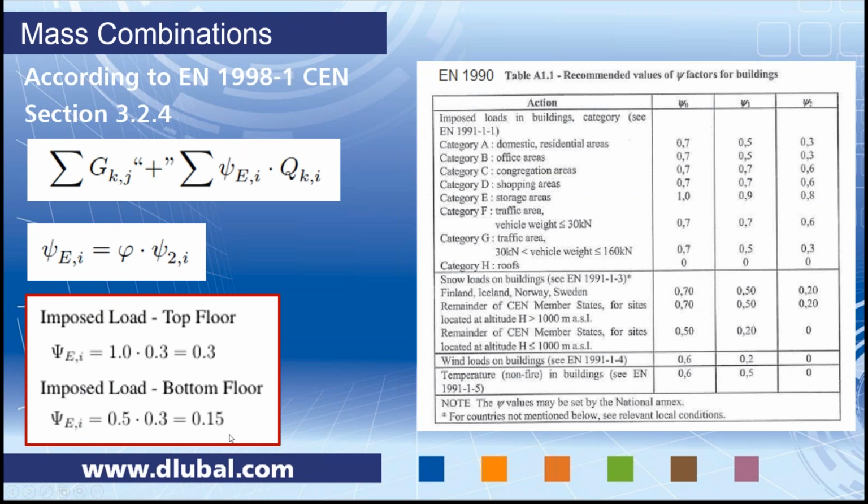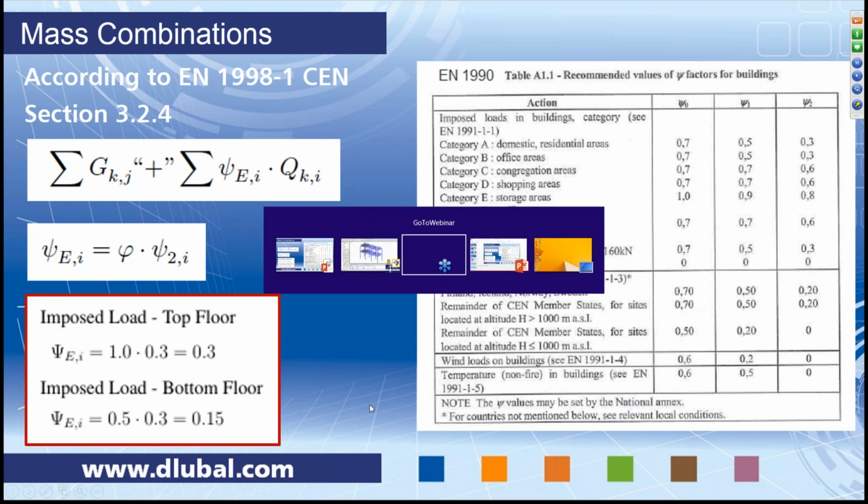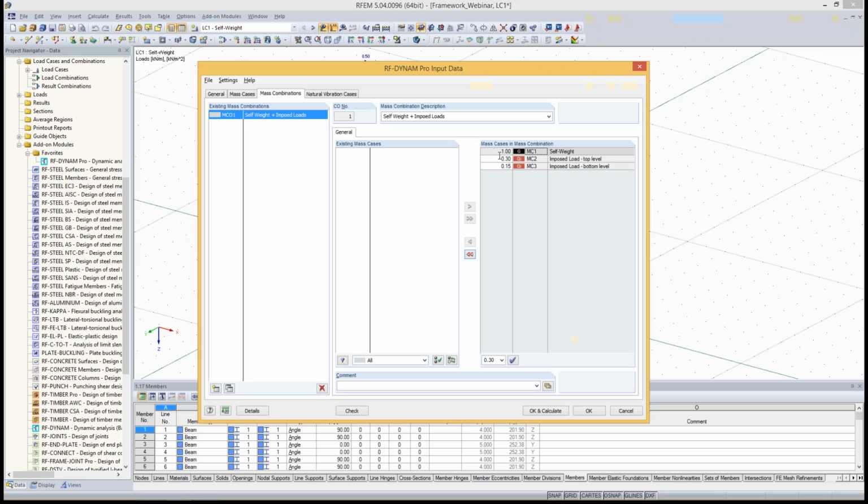So 0.3 and 0.15, we have a look again at our RFEM, and these are indeed the values RF-DYNAM Pro applied. In case you are working in accordance to any other international standard, you can just change these values either by choosing a value from the drop-down list, or you can enter a value here and apply it with the tick button. So that's our mass combination.